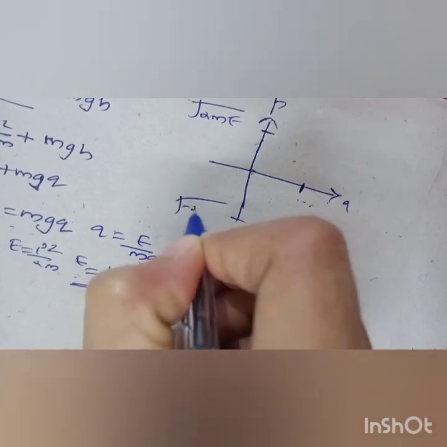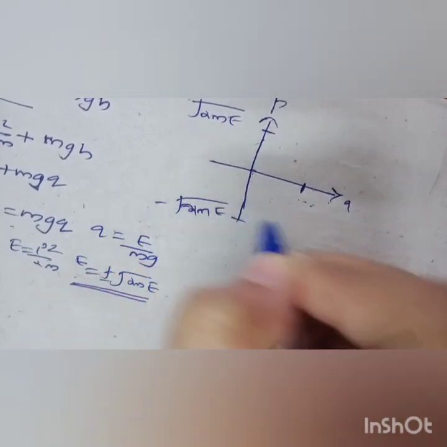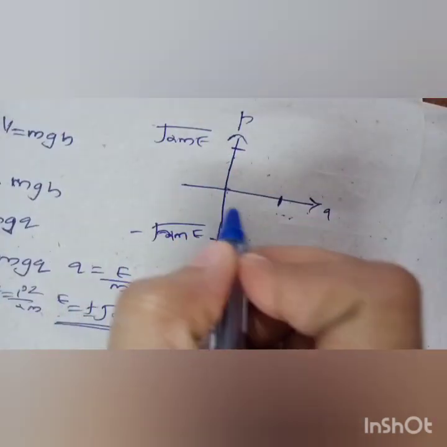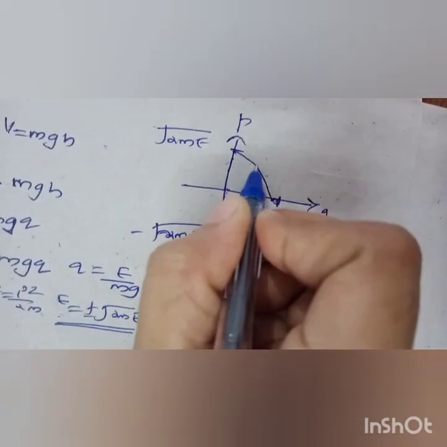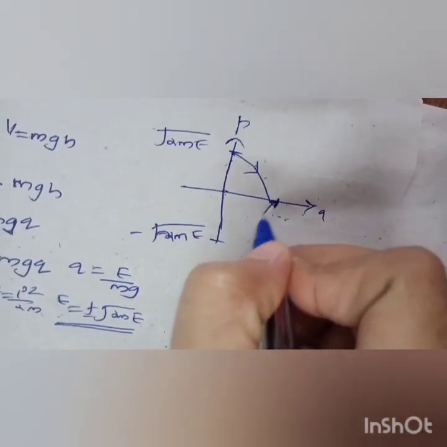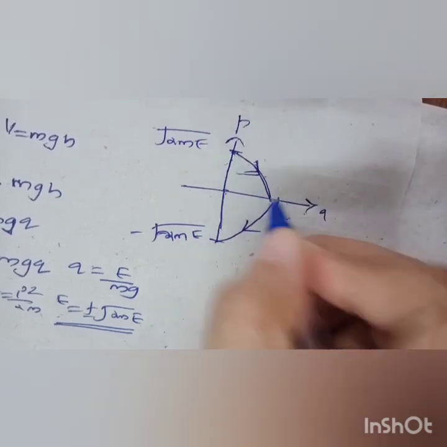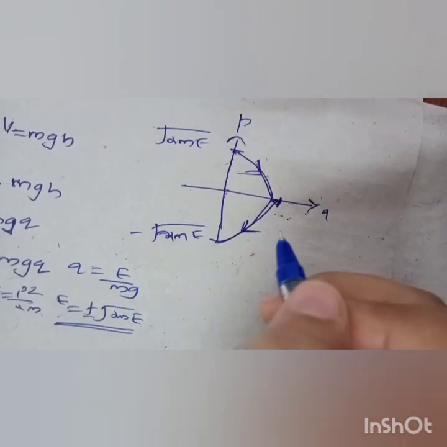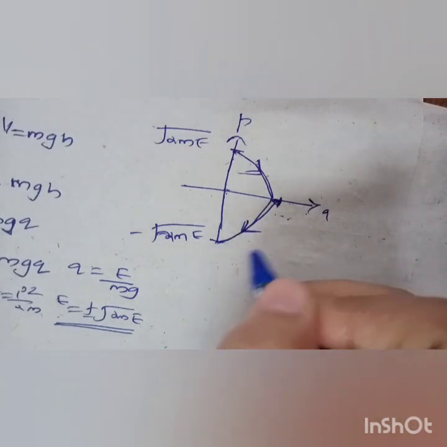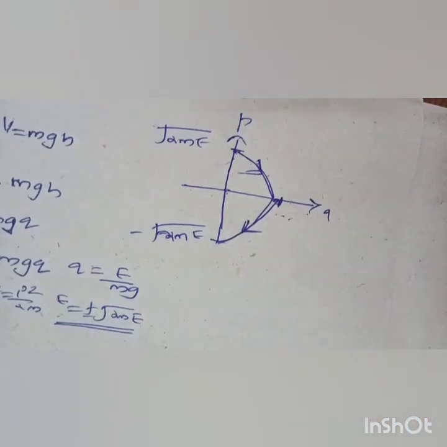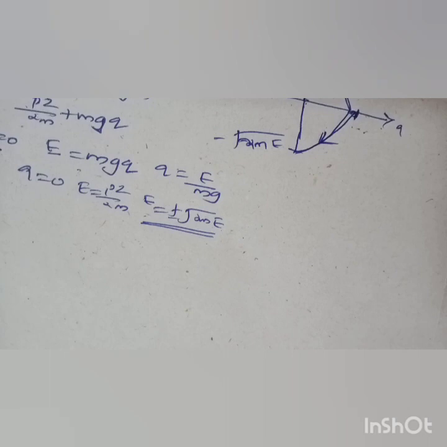So the phase space diagram is like this: upward motion, and this is falling motion. So this is the phase space diagram of the elastic collision.